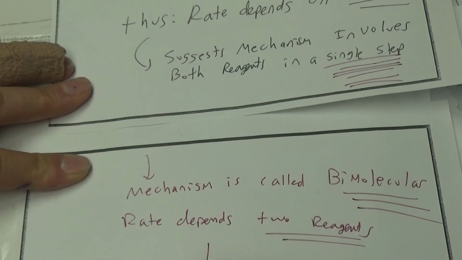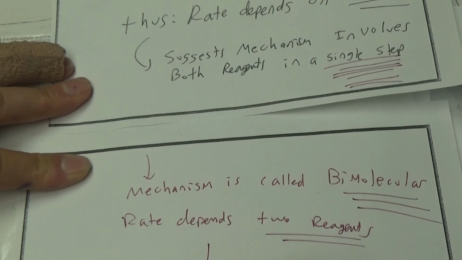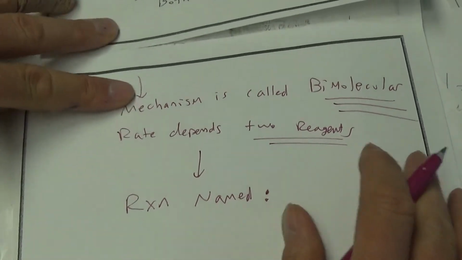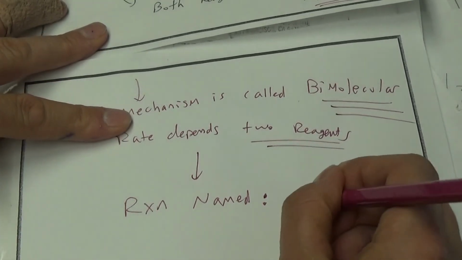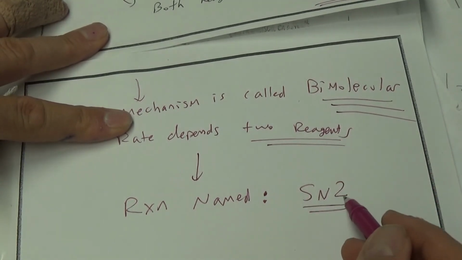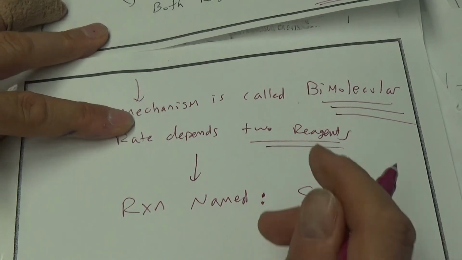The reaction is named SN2, and the N is subscripted.